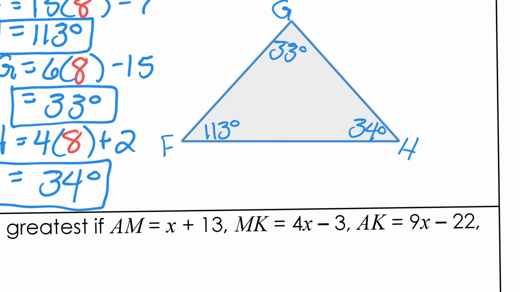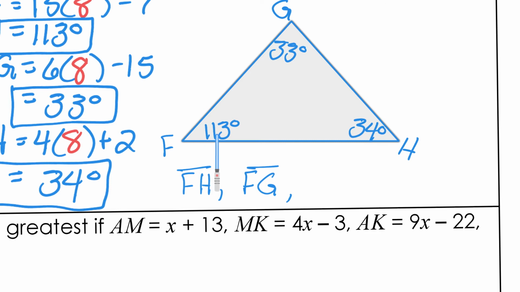Now we look at the smallest angle, which is 33 degrees, and opposite here is going to be our shortest side, FH. The next one is 34 degrees, and opposite to this one is the side FG.